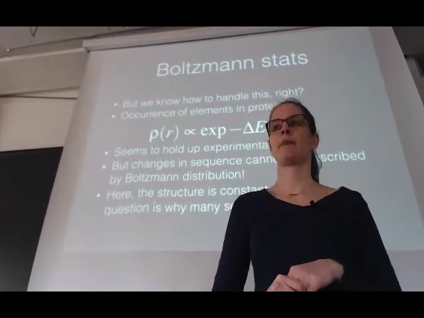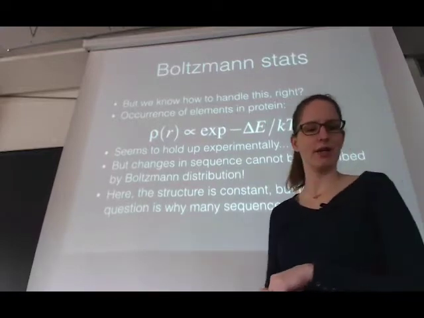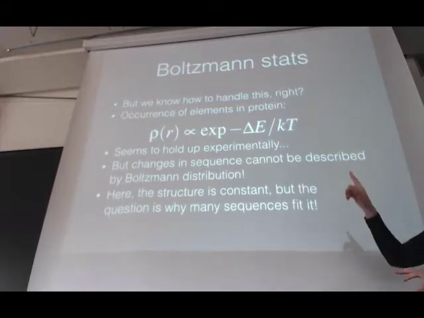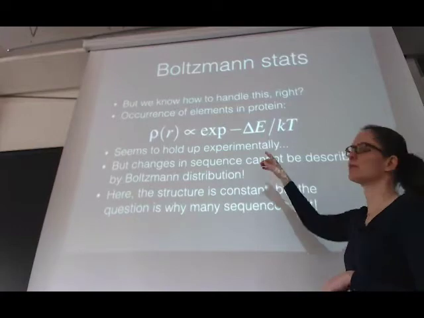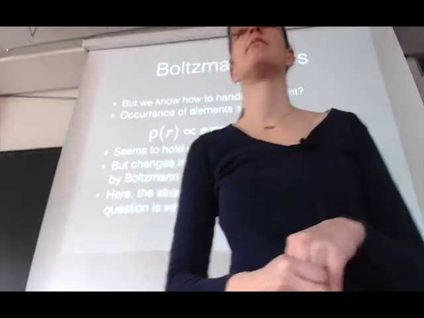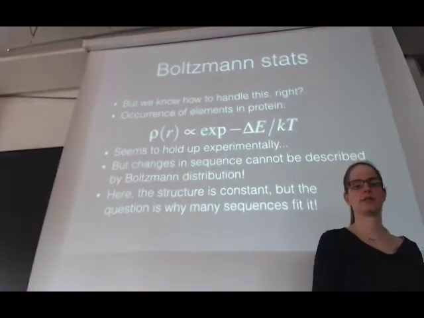Yes? This I know you know because you handed in very nice reports. So can we describe these structural elements in a protein using this formula? The book argues we can't.